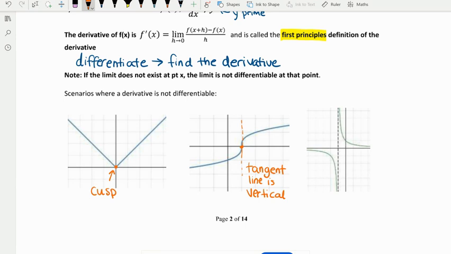The last one is when you have a discontinuity at that point. So for example, this is an asymptote. If you ask me what's the derivative at a certain point, well, I don't know. You can't tell. It doesn't exist because there's a discontinuity right there.